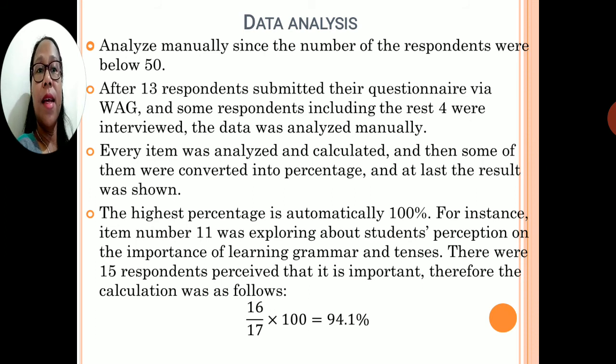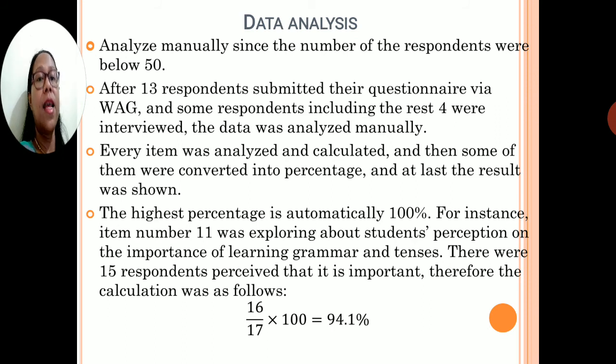Every item was analyzed and calculated, and then some of them were converted into percentages, and at last the result was shown. The highest percentage is automatically 100%.